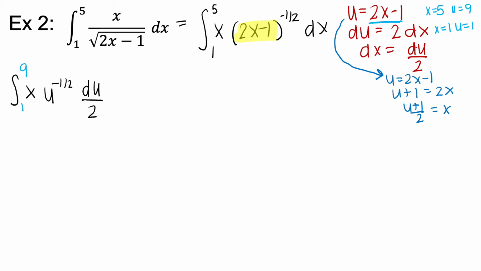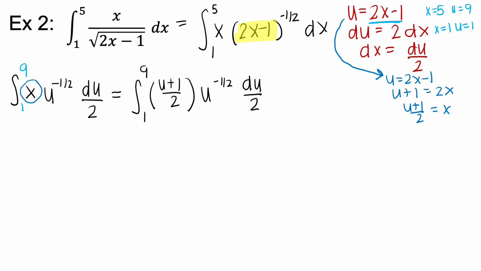That is just the case for these few examples. So let's go ahead, rewriting our integral, replacing this x with what we just solved for. We can write this as the integral from 1 to 9 of u plus 1 over 2 times u to the negative 1/2 times du over 2.